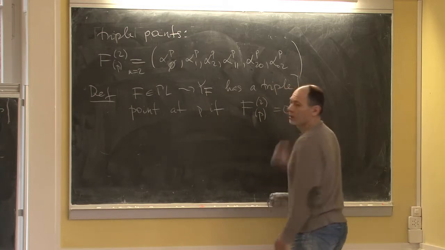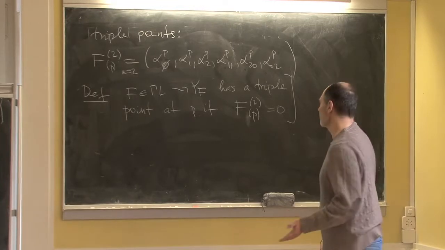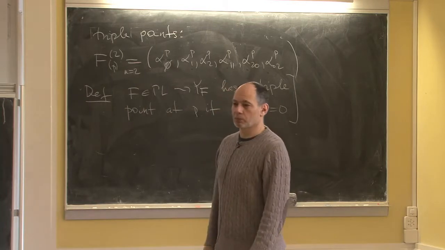Okay? So it's complete analogy. Before, F_1 at P was 0, now F_2. So that means that every derivative up to degree 2 vanishes. That's what a triple point is.